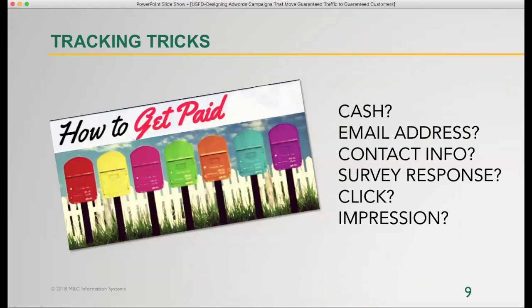Or maybe instead of just an email address, I want expanded contact information, survey responses, or is it as simple as a click or impression? But putting dollar amounts on each one of those helps us manage budget inside of AdWords, and it helps us rethink the whole big program.